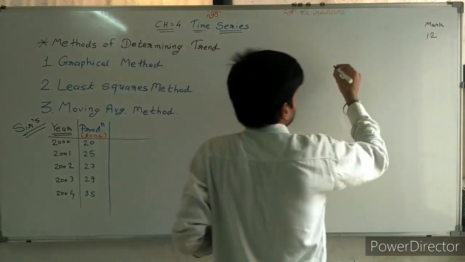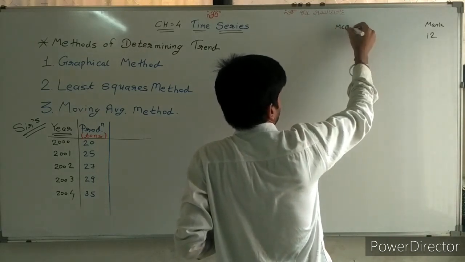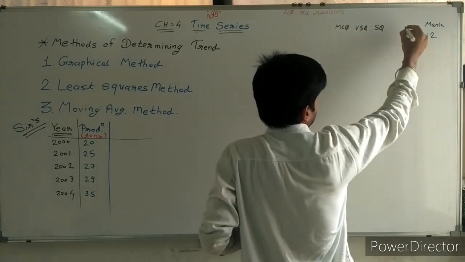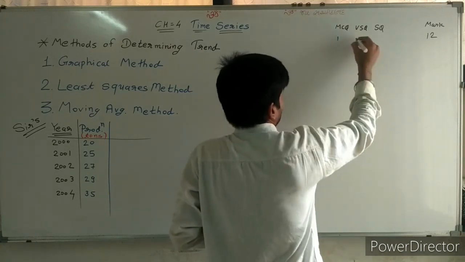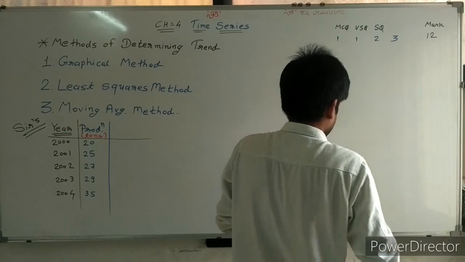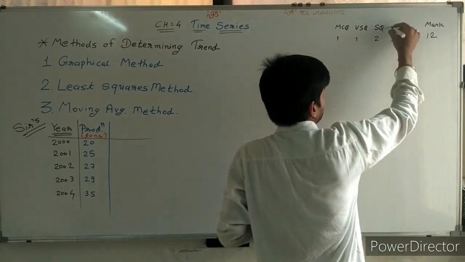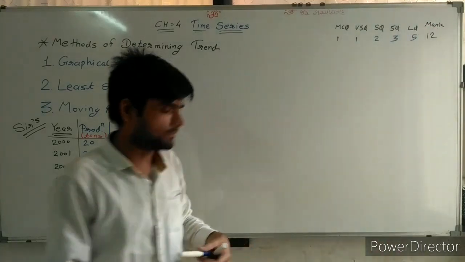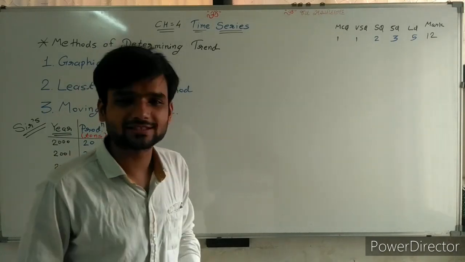Again, MCQ, very short question, short question: 1 mark, 1 mark, 2 marks, 3 marks, and 5 marks. Total 12 marks for the chapter.